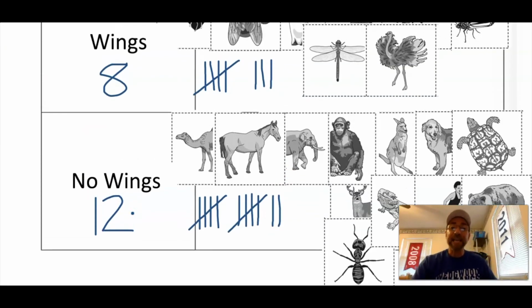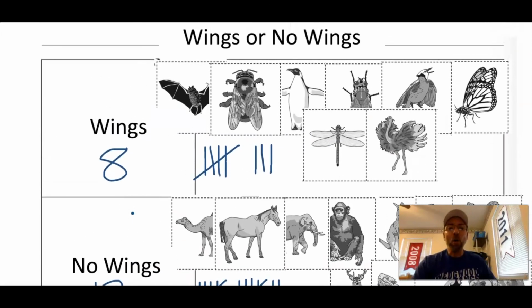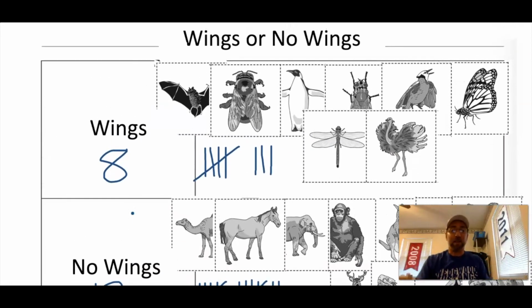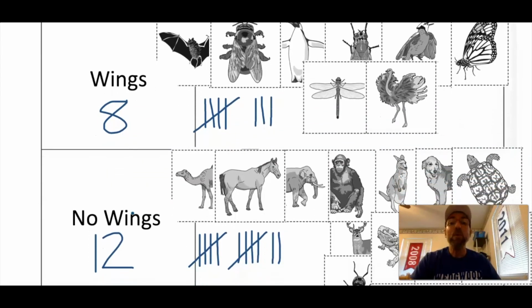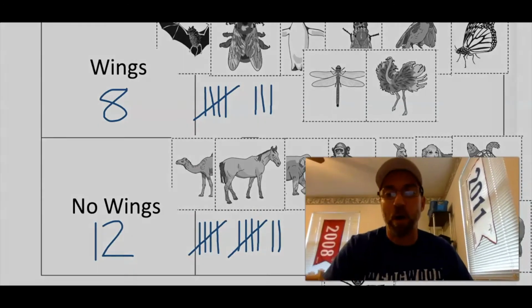So today, we made a tally chart. We took a whole bunch of cards. Some had wings, some had no wings. We sorted our cards, we counted them up, and then we drew the tally marks for each one.